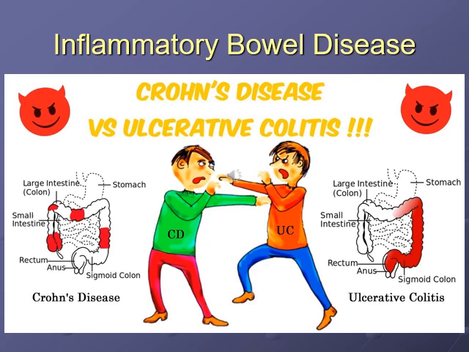In this picture initially, I really like how it shows the locations of where we are most likely going to see the disease happen. You can see that the Crohn's disease is more scattered and spotty, and the ulcerative colitis is typically more on the distal end of the large colon, so the descending, sigmoid, and rectal area of the colon.